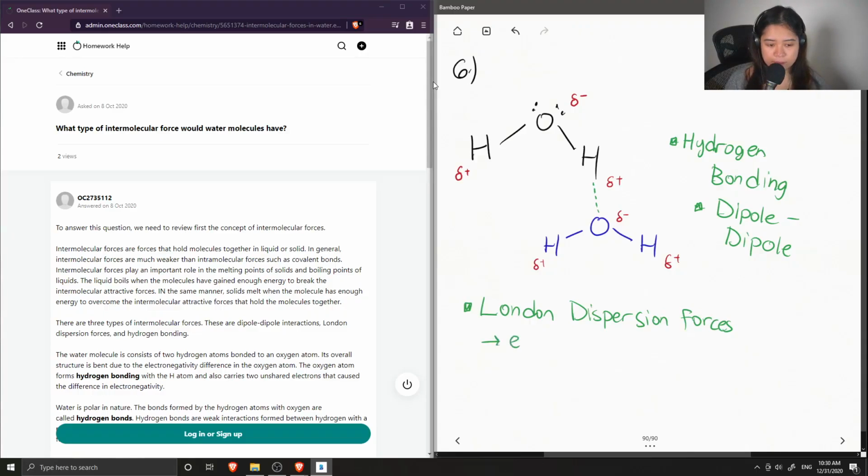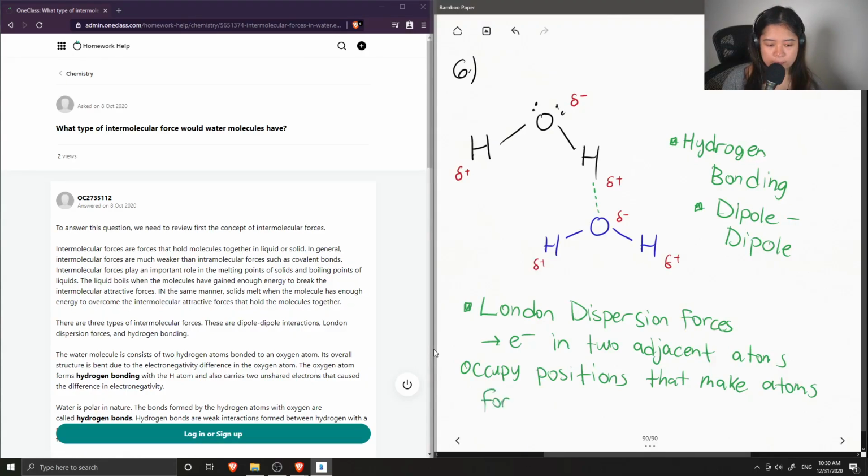So London dispersion forces is when the electrons in two adjacent atoms occupy positions that make the atoms form temporary dipoles.